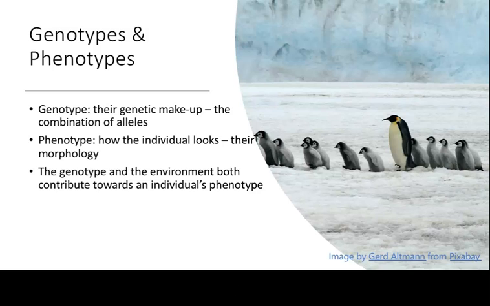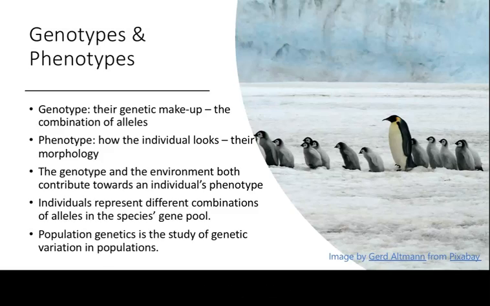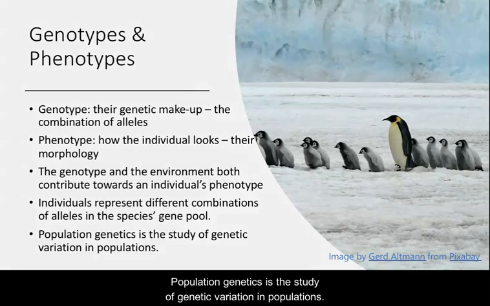For example, genetics can contribute to the size of an individual, but it's also impacted by the environment, like if you had good nutrition and things like that. Individuals represent different combinations of alleles in the species gene pool. And population genetics is the study of genetic variation in populations.